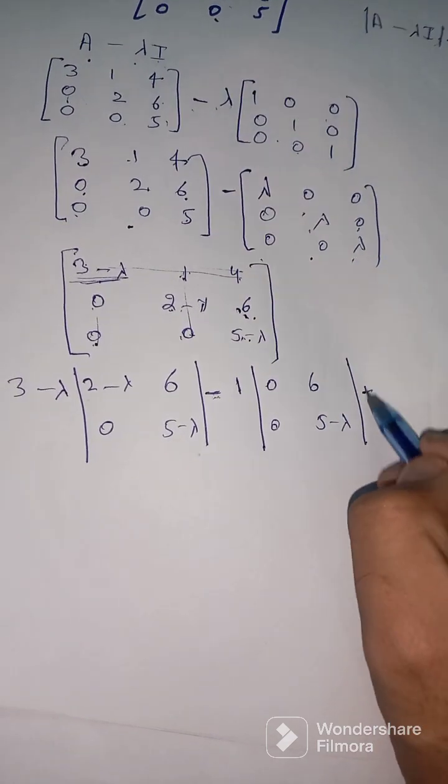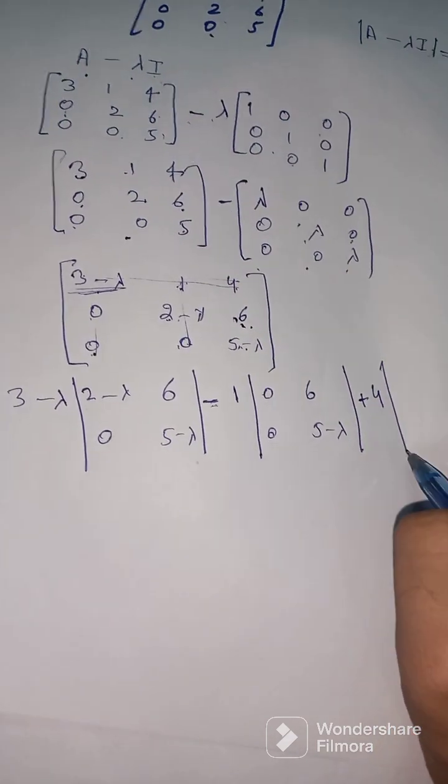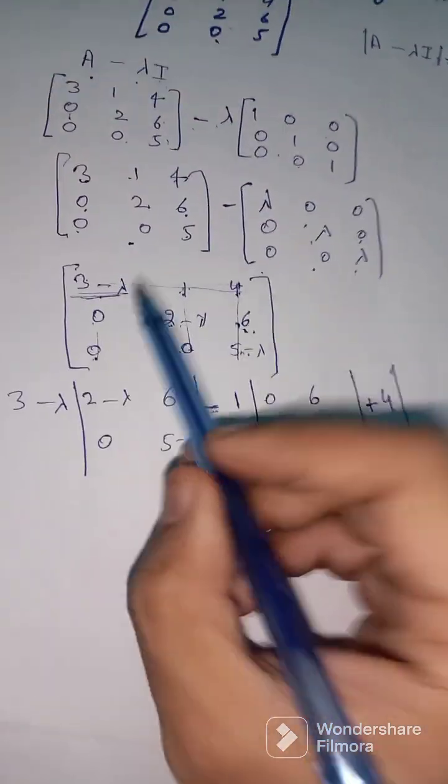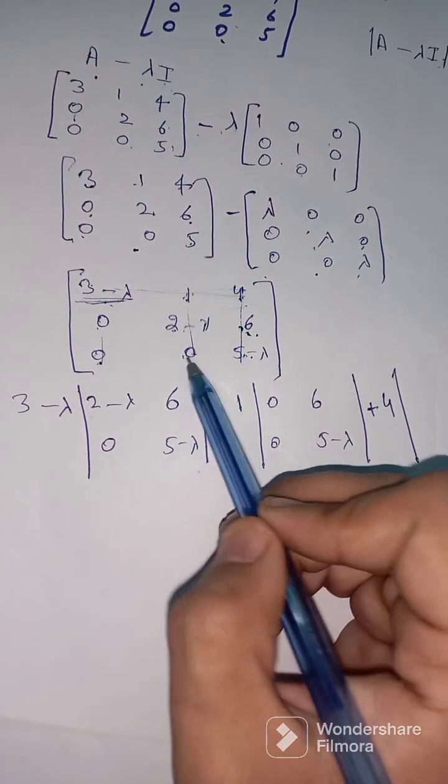Now a13 with the plus symbol, neglect the third column and the first row, you will get 0, 0, 2 minus lambda and 0.